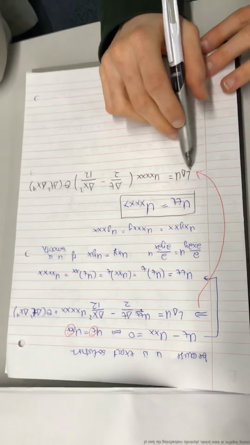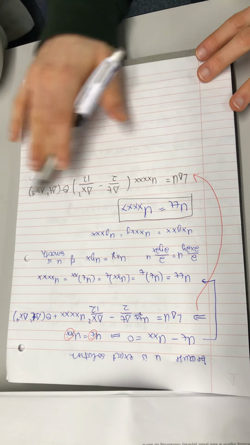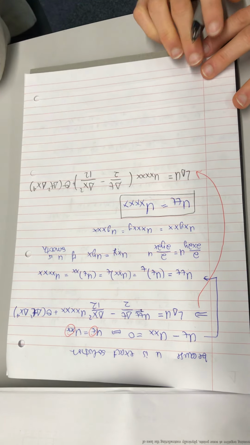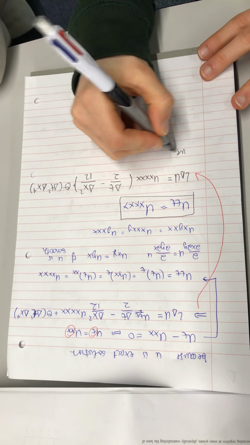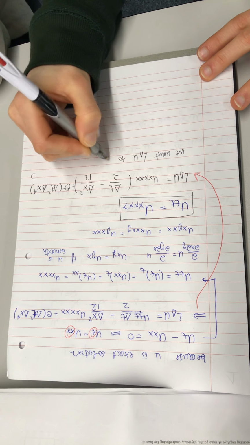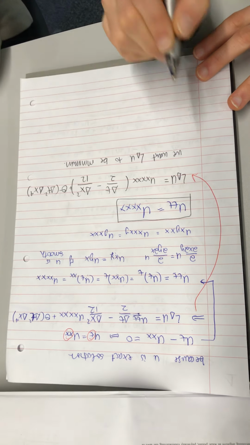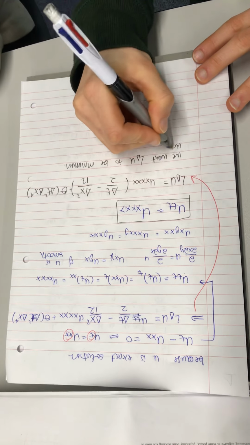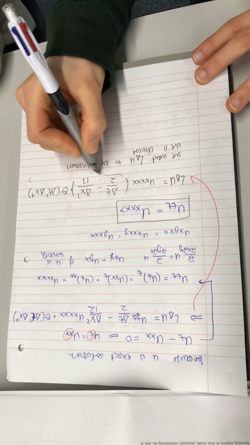So now, you know that this is the error, and you want this to be the minimum possible. So what we're going to choose, we want this to be minimum. So we'll choose this to be 0.